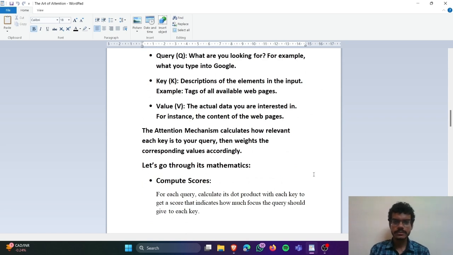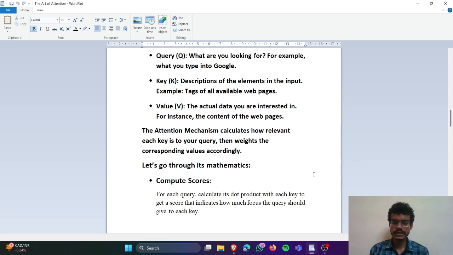To know how attention mechanism really works, you need to understand three basic terms. Query: this is the information you are looking for, like what you type in Google. Then second is the key. It describes the elements in the input. For example, when you search something on Google, there are certain links, and below the link there is some brief description about the topic.